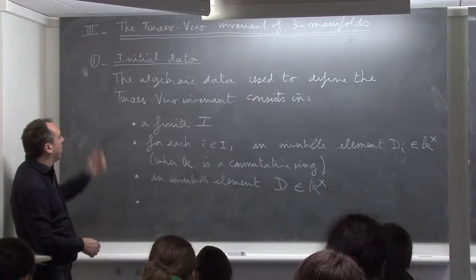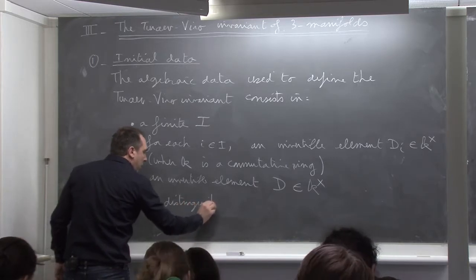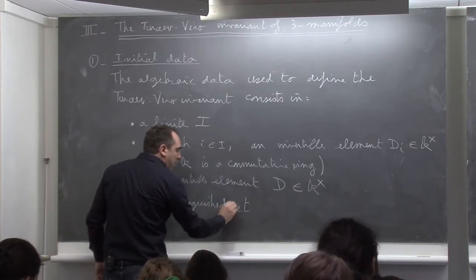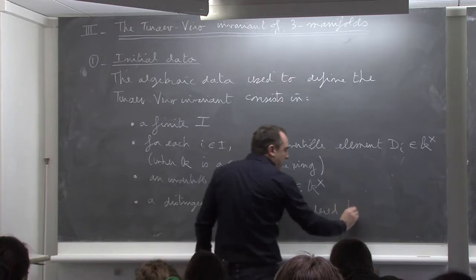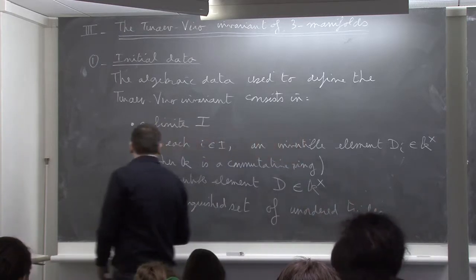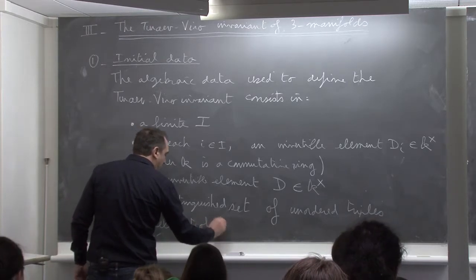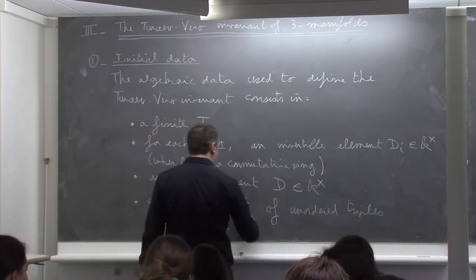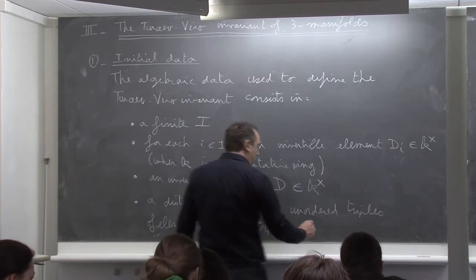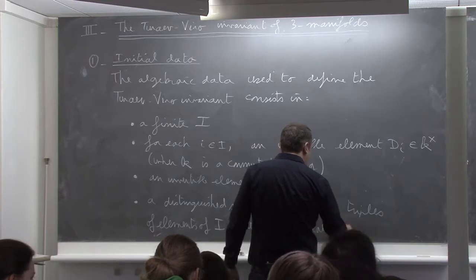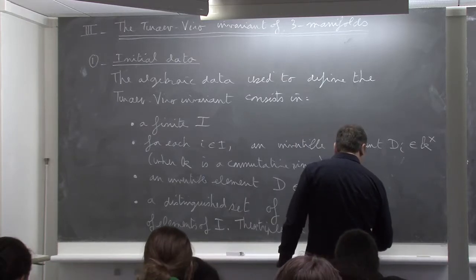So here we need a distinguished set of unordered triples of elements of I, and these triples are called admissible triples.